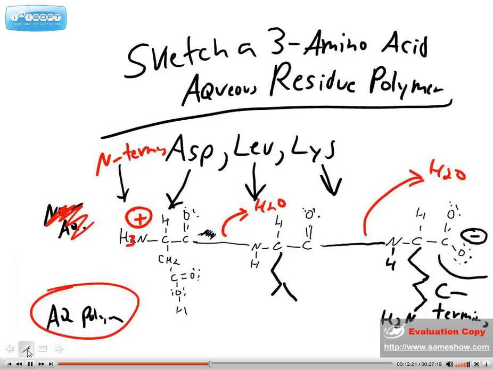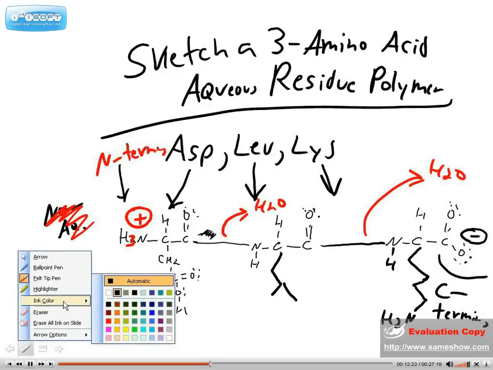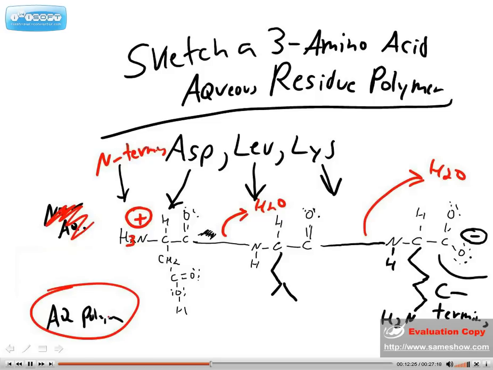and you need to go through each of these side chains. Are the side chains acidic or basic? If they're acidic or basic, you need to make the necessary changes. For basic lysine, it gains a hydrogen from the nearby solvent, forming a positive ion.